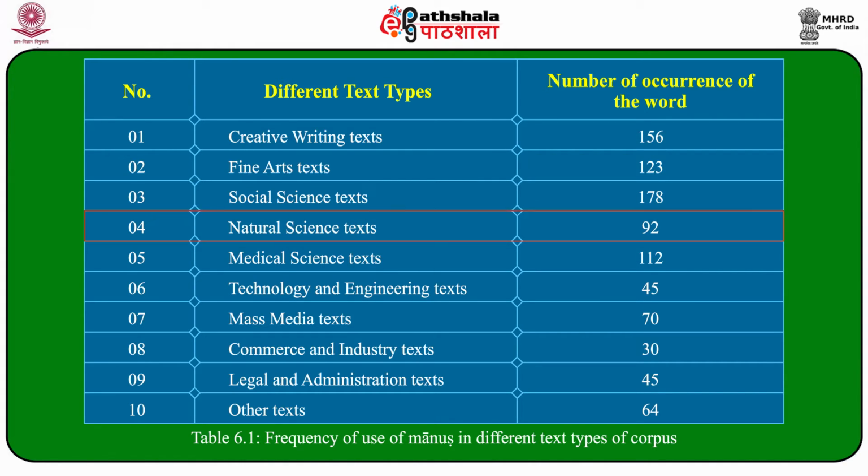So the descriptive statistical approach says that Lok is the most frequent form compared to Manus and Vyakti. That's one piece of information we got. Second, we wanted to know why Lok is more frequent.